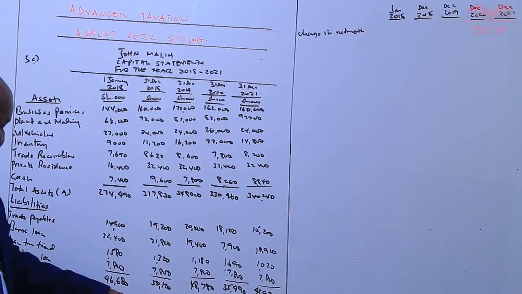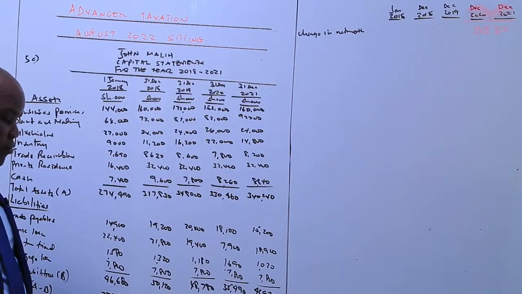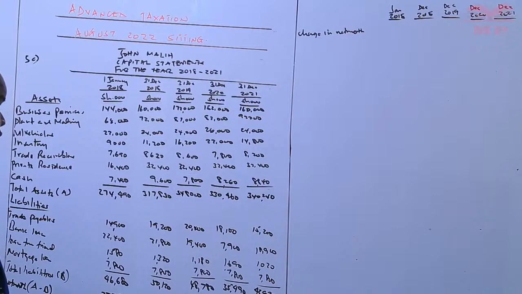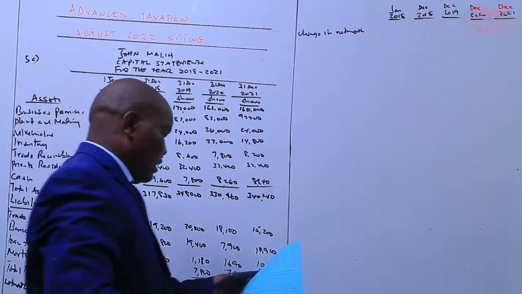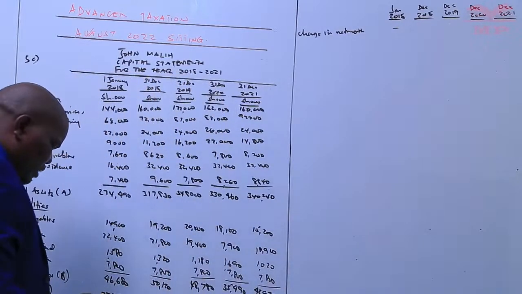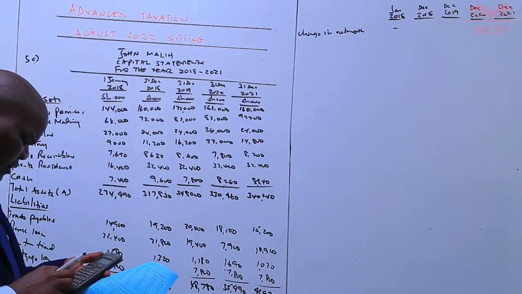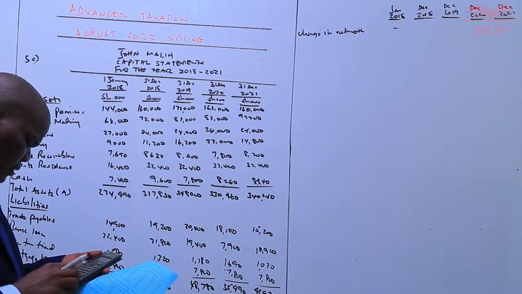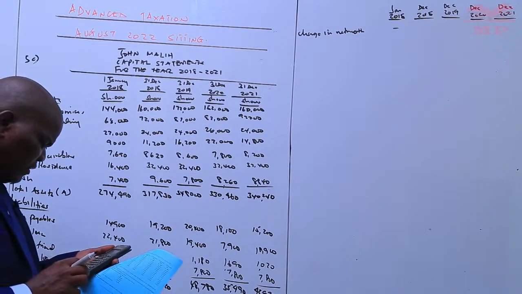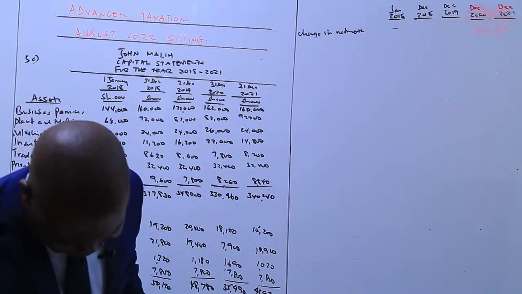The difference between those two figures will tell us what happened during this particular year. So we start with 2018. So here will be dash. So for 2018 we shall have 267,710 less 227,810. I'm getting a difference of 39,900.